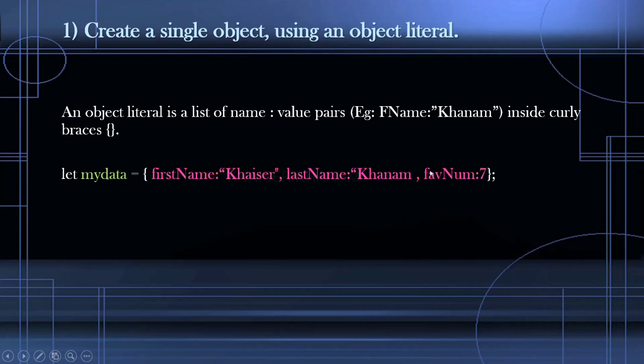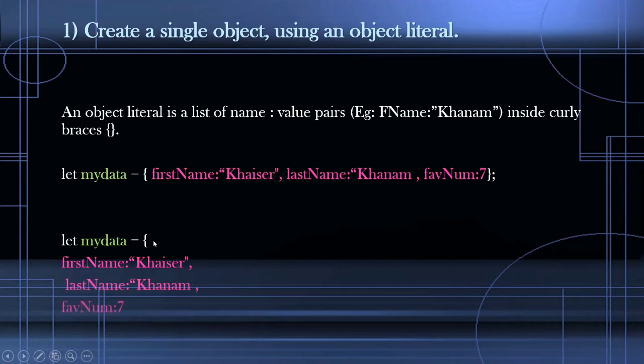This is how we create an object. The same object, if I write it in separate lines, will also be fine. There will not be any issue. You can write it in a single line or in this way; it completely depends on your choice. The single line takes only one line of space, but this covers multiple lines.